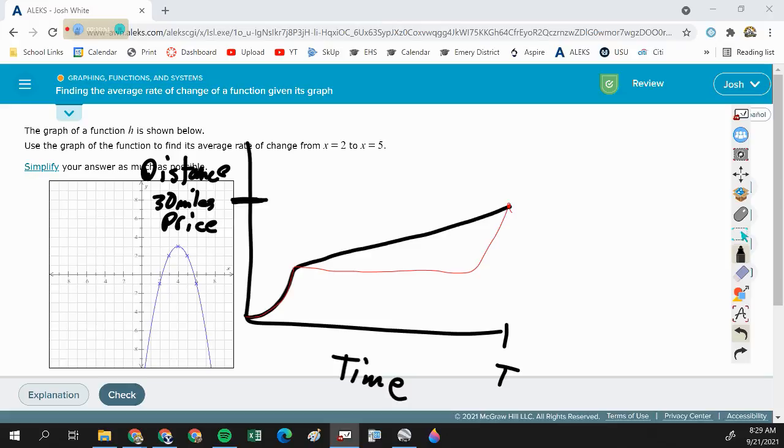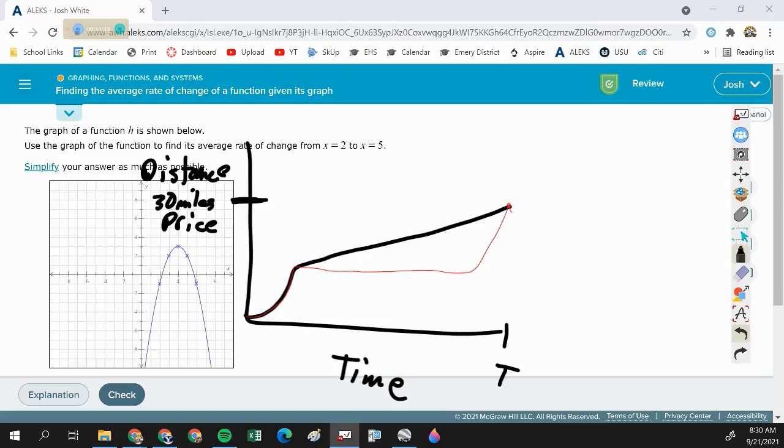What? The friend? How come? How would we find the average speed? Oh, good. Let's look at it a little bit different way. We'll get to that in just a second. You are in fact right.